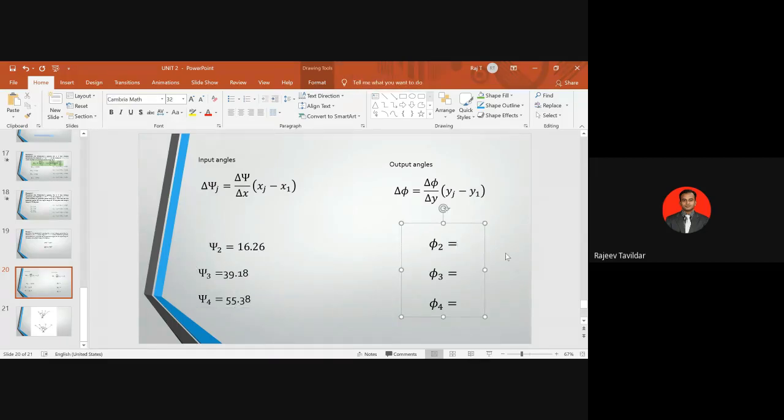Similarly, let us also find out the precision angles for the output link.